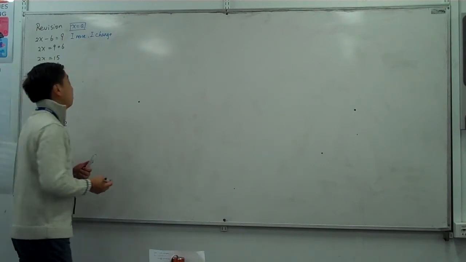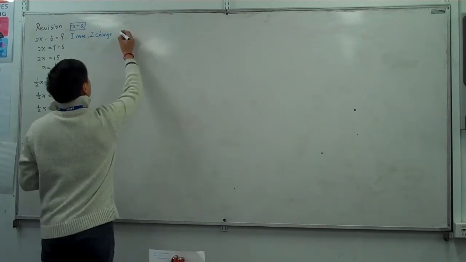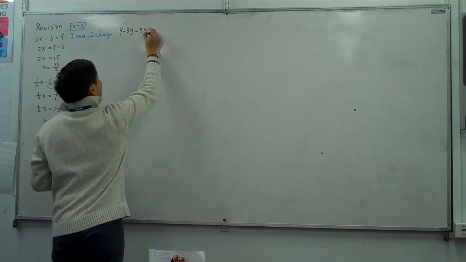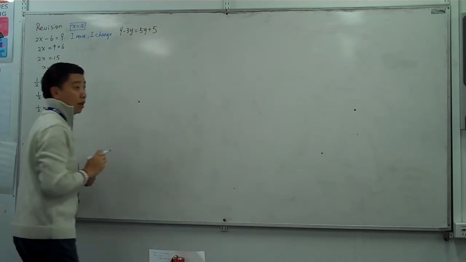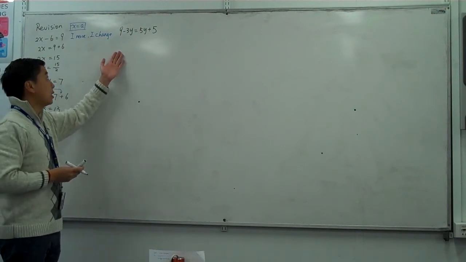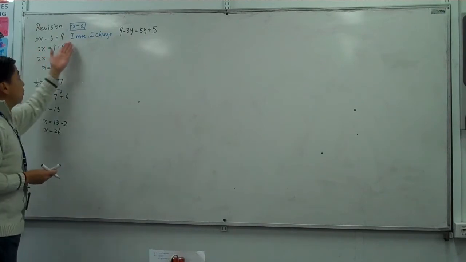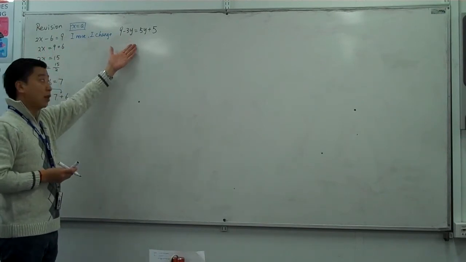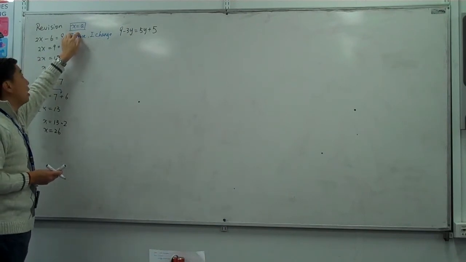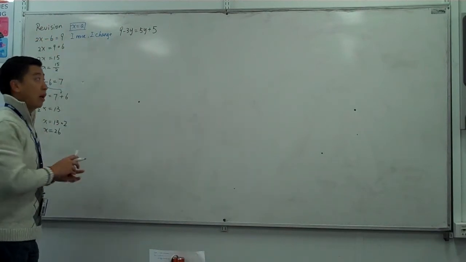Now let's have a look at some slightly more complex questions, like 9 take away 3y equals 5y plus 5. Now last lesson we said if we have this kind of equation, it doesn't matter what the question is, you always think I want the x equals a format, which means x on the left hand side and the values on the right hand side.